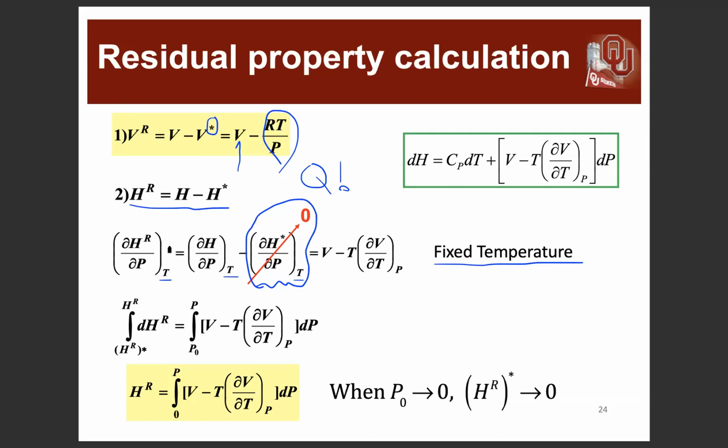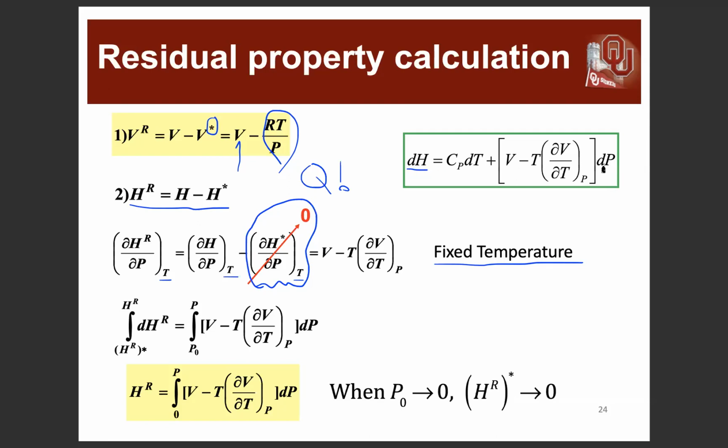Now the residual property as a function of pressure would be simply dH over dP at fixed temperature, right? So what is dH over dP? As I have over here, this is the general expression for dH.